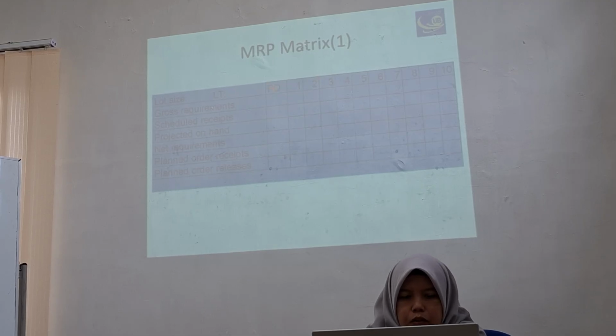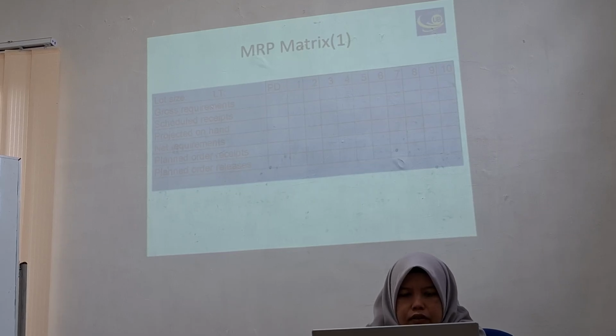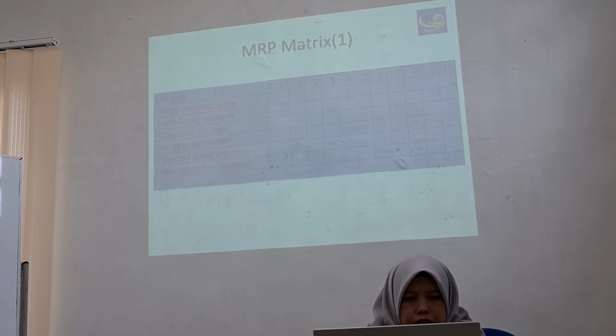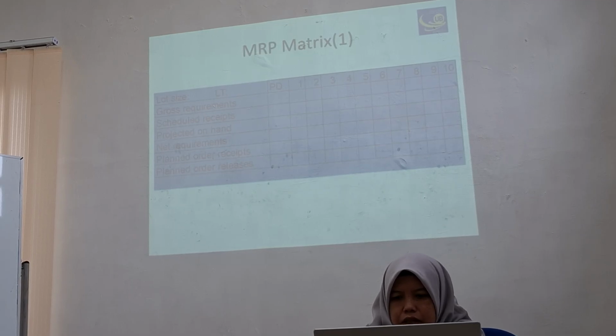There is past due for the shortage in the previous period, and there is the time horizon we plan in. Then there is the hidden information in the matrix. For the first, there is gross requirement. What is the gross requirement?